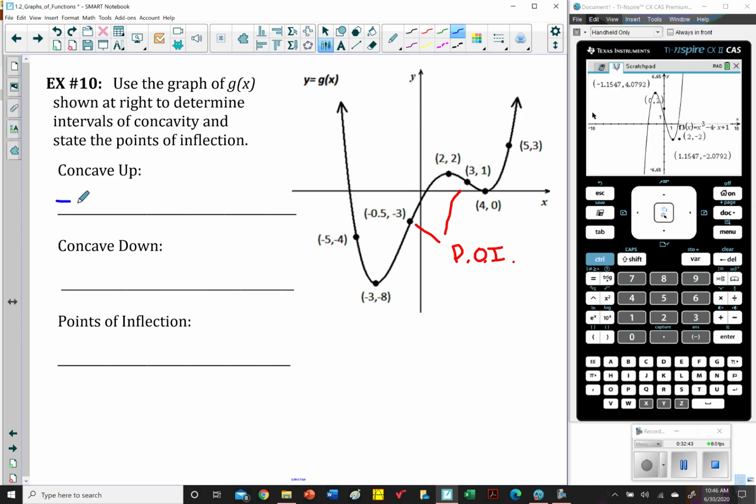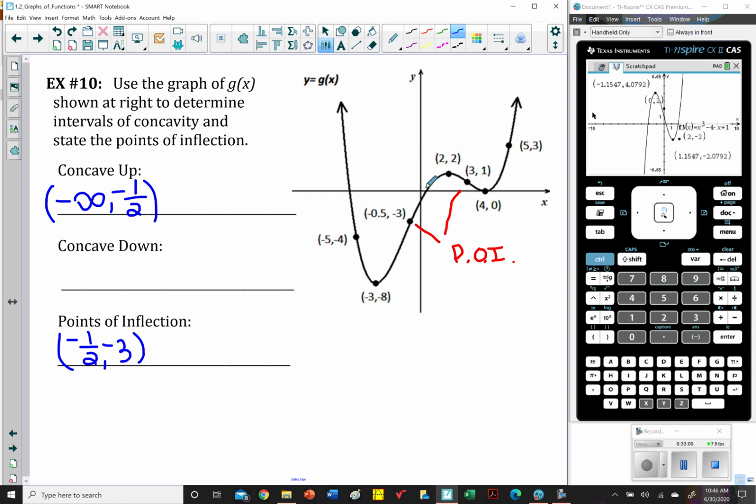So we could write those intervals. Concave up goes from negative infinity to negative 1/2, and then there's a point of inflection at negative 1/2, negative 3.